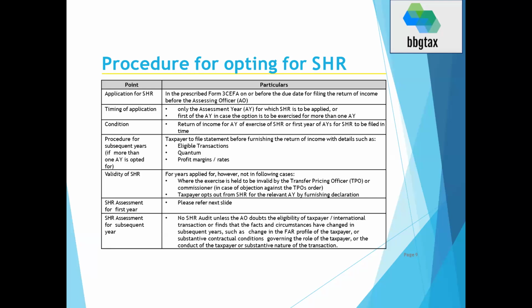Then there is a procedure also mentioned for the subsequent years. There is a provision for the validity of the safe harbor rules. These rules also talk about the assessment or the audit procedure for the safe harbor rules when they are being opted. So they are different from the normal tax audit or the transfer pricing audit procedure or the rules.